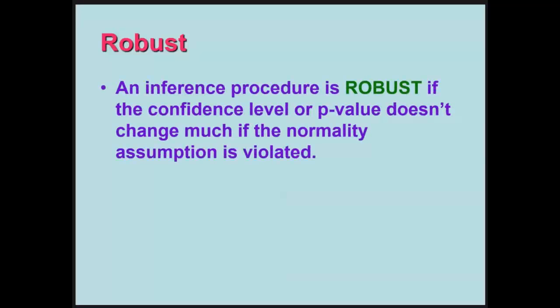Now, the word robust is an awesome word, by the way. We refer to an inference procedure, so these confidence level processes, as robust if the confidence level or p-value doesn't change much if the normality assumption is violated. In other words, if the data isn't normal and yet I'm still able to calculate a reasonable p-value, then we say that the process we're using is a robust process.